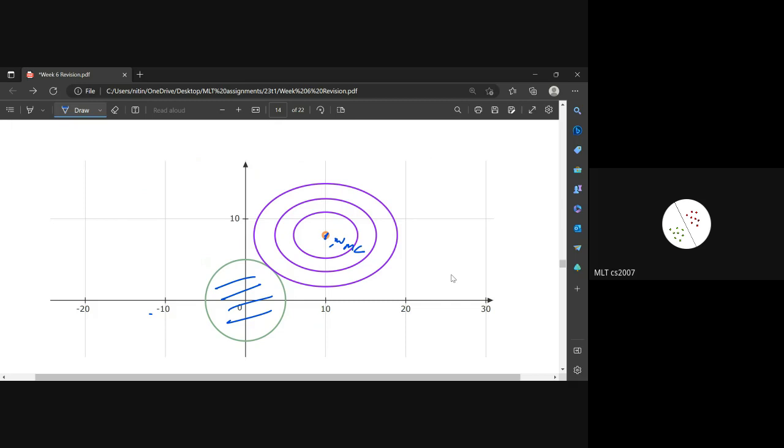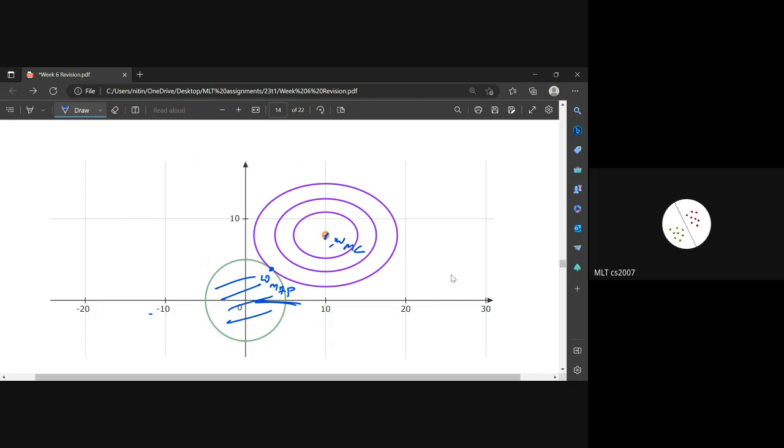So you will choose that W which hits this surface, because you're choosing inside this, and it is going to be on the surface of some ellipse around WML. So this point is going to be your WMAP. Got the idea?